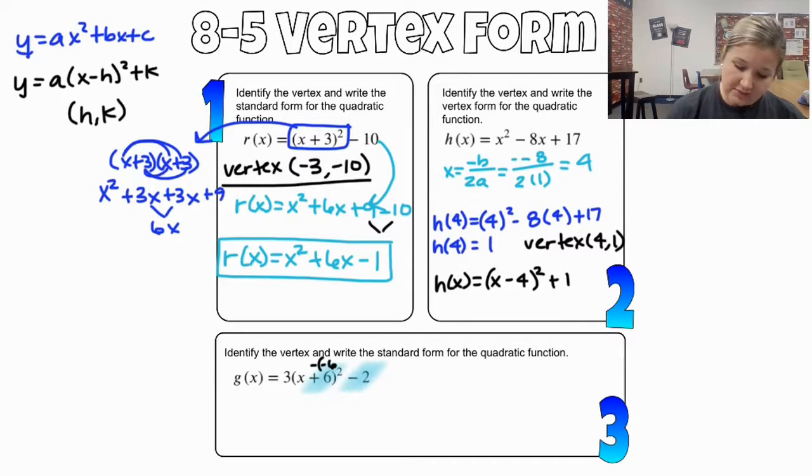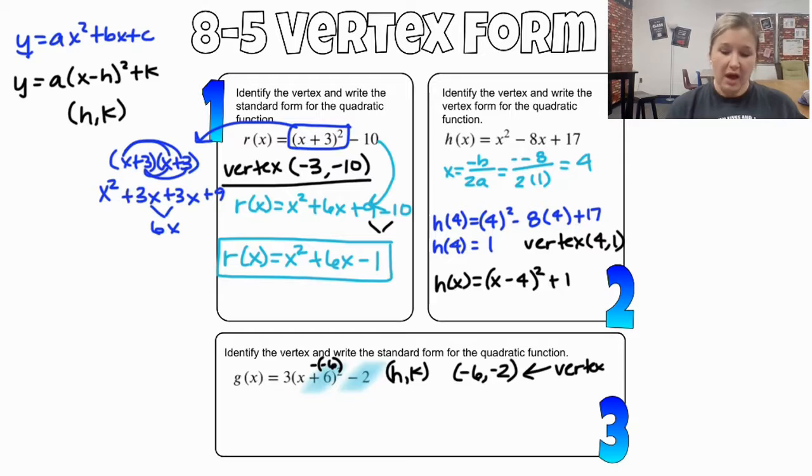So negative 6 is my h. Remember, (h, k) is my vertex. And so h is going to be negative 6 and k is negative 2. So therefore, this is my vertex. Isn't that nice, I know the vertex just by looking at it. Pretty cool.